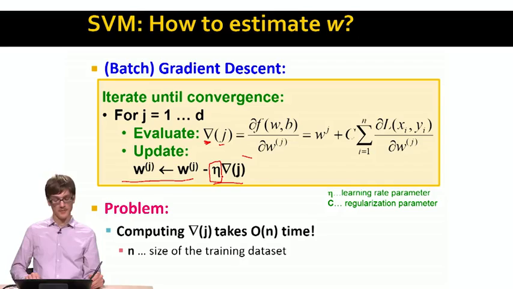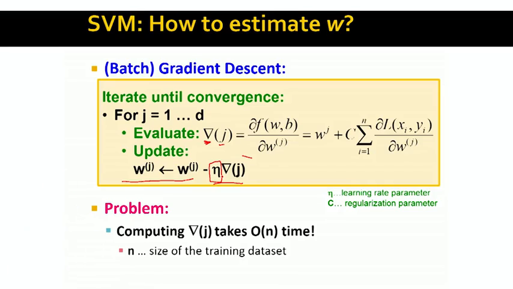One thing to note, and this is a big problem, is that computing the gradient takes linear time. Why is that? Because we have to go over all the training data to compute the value of the gradient.